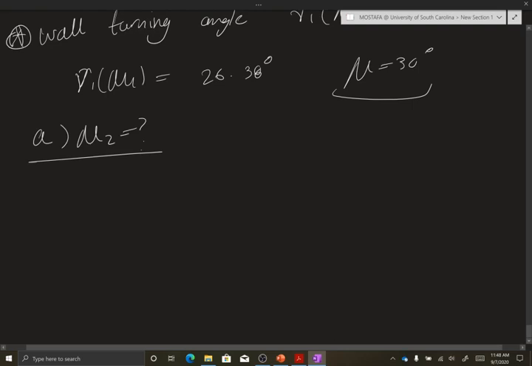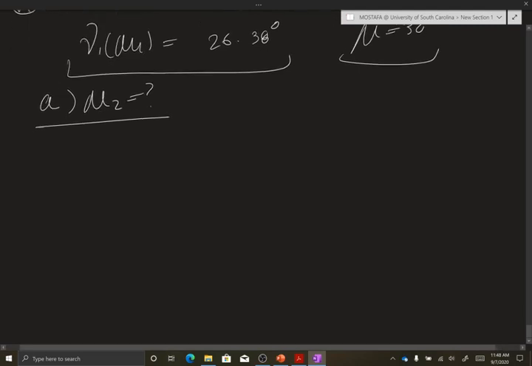So we also have nu 1. I'm sorry, I don't know why they keep calling this V, right? So we want to find nu 2. We want to see if it's possible to find nu 2.